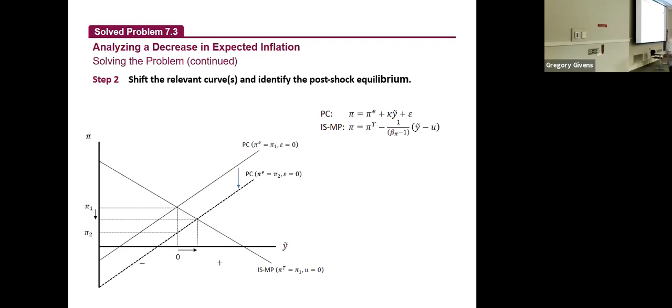So what we see here is that actual inflation and the output gap are more or less partially stabilized in response to this sudden change in expected inflation. That's part one of the problem, all right? And perhaps it's the most important, the one that I want you to be able to analyze graphically what happens in equilibrium here, okay?